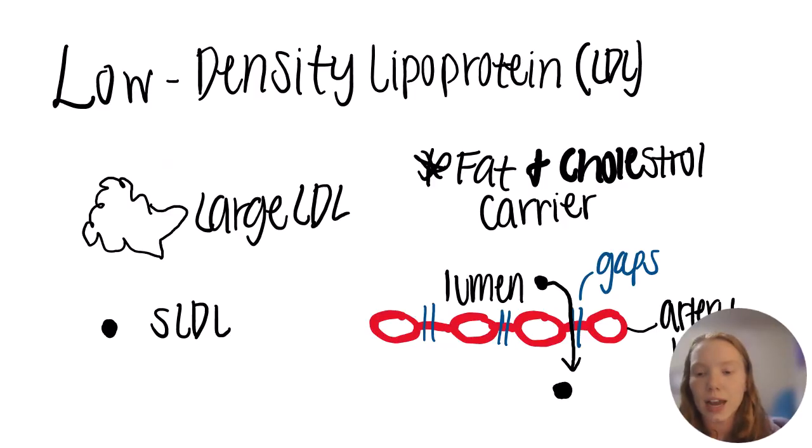All right, now we're going to dive into the pathophysiology of what atherosclerosis is. Atherosclerosis starts out by being caused by the buildup of fat and cholesterol under that initial lining of the artery wall. So first I want to give you a little background. There's this thing called low-density lipoprotein, or LDL. You may have heard of it as being called the bad cholesterol.